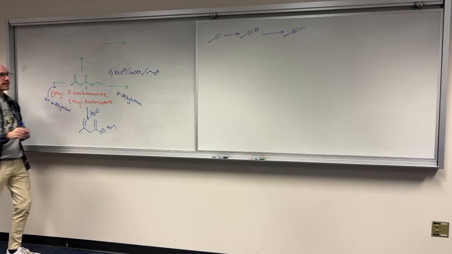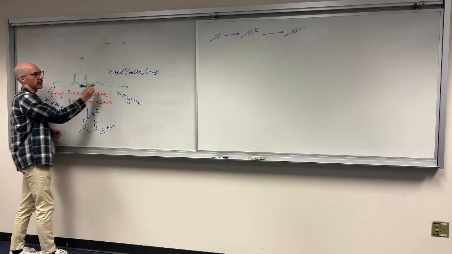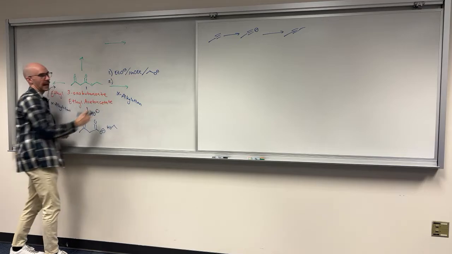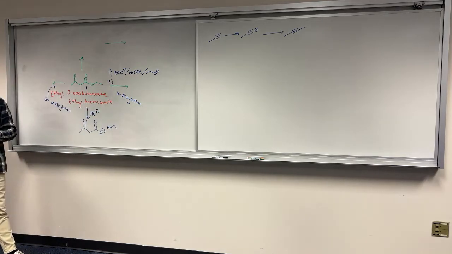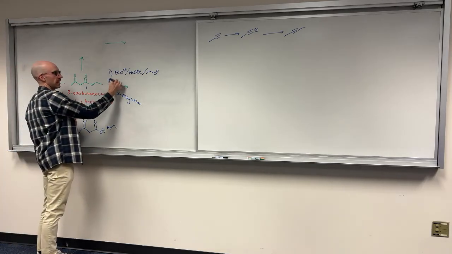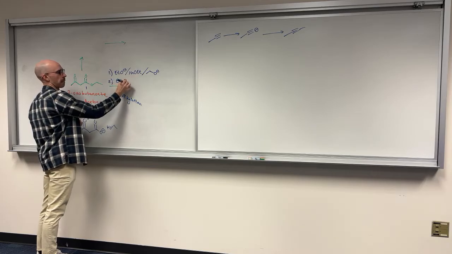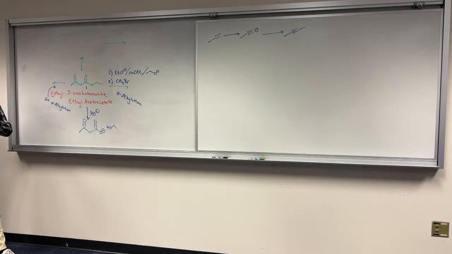After we've added the base and we have deprotonated our alpha carbon, we can add an electrophile. This should be typically a primary alkyl halide. So let's show something simple like methyl bromide. Not actually a primary carbon, that's a methyl carbon. It's not attached to any other carbon. But what I'm saying is low degree of substitution.